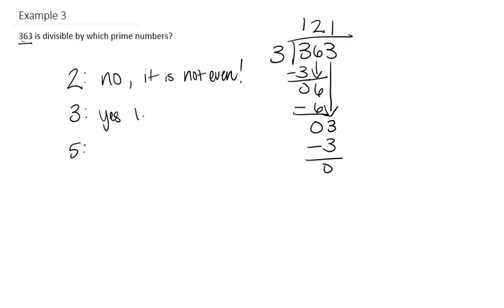So the next question would be, is 121 divisible, or can it be divided by 5? And the answer is no, because it doesn't end in a 0 or a 5. So we would then say no. Does not end in a 0 or 5. Then we look at 7.